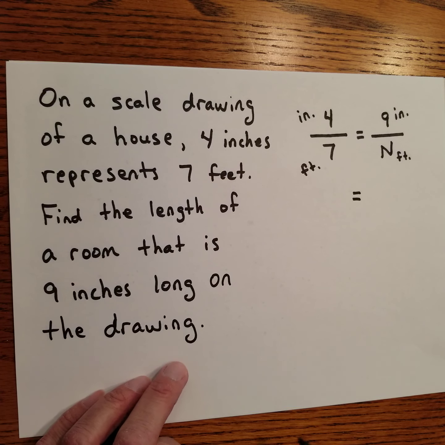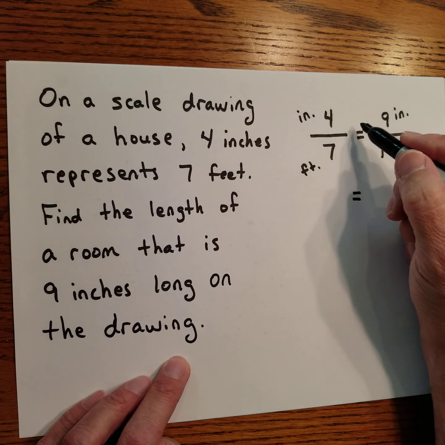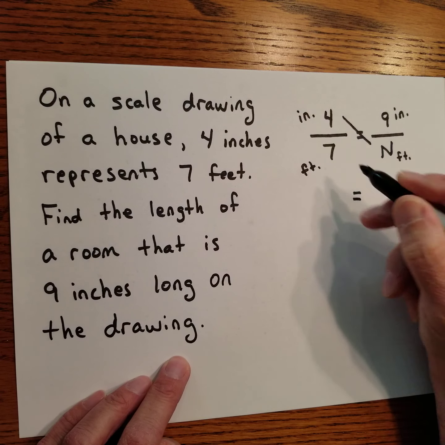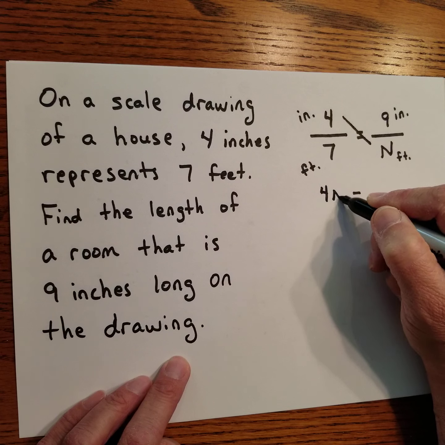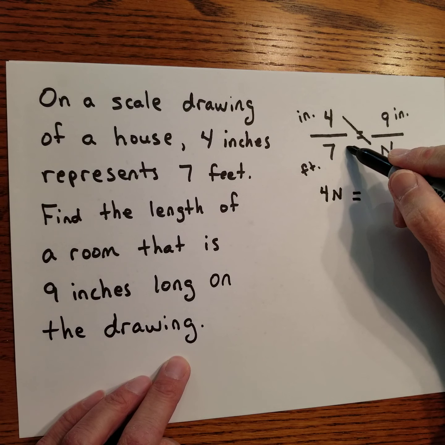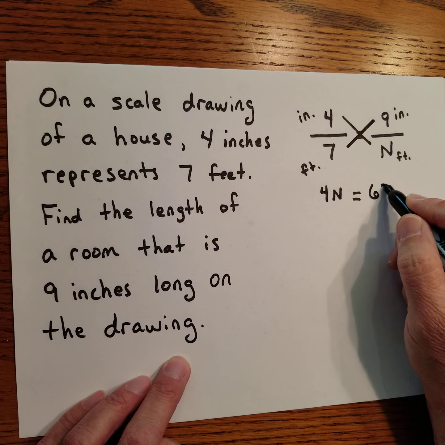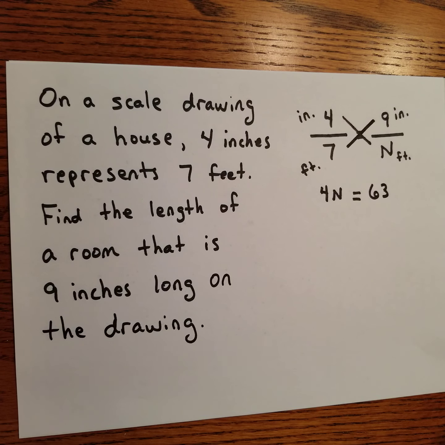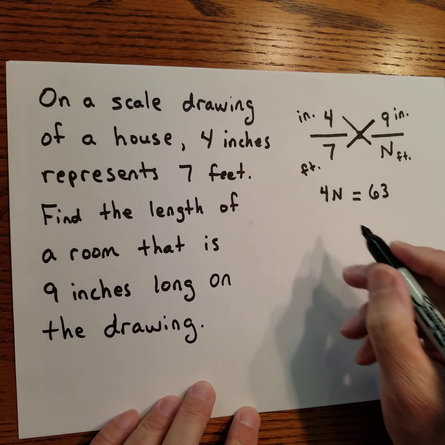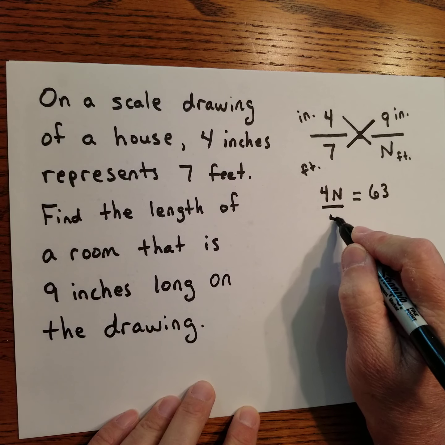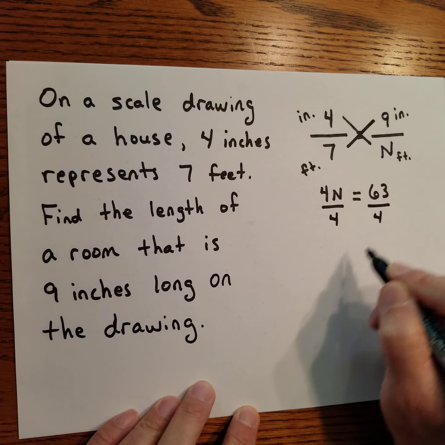Now take your calculator and we'll cross multiply and divide. Multiply this way, 4 times n. Then multiply this way, 7 times 9. Then get n by itself by dividing by 4.